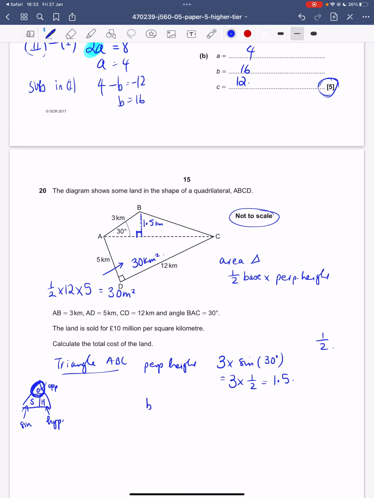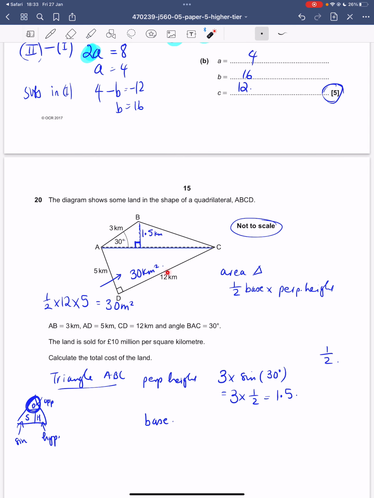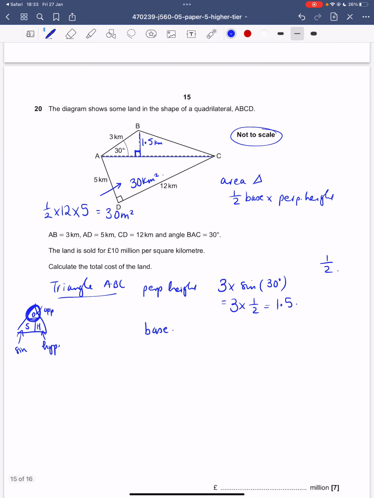Okay, so the base now. The base of triangle ABC here is actually the hypotenuse of this right angle triangle. So the hypotenuse is the square root of 5 squared plus 12 squared. So it's the square root of 25 plus 144, square root of 169, which is 13 kilometres.